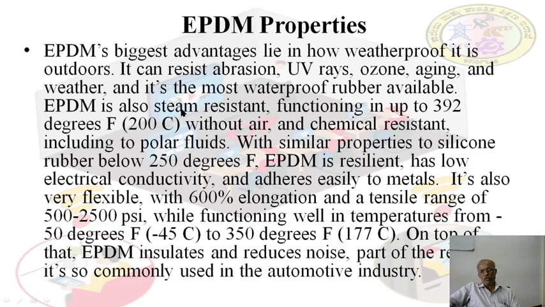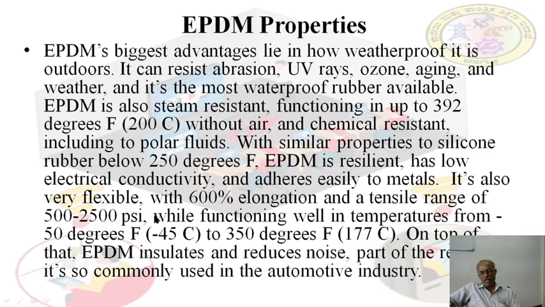EPDM is also steam resistant, functioning up to 392 degrees Fahrenheit, 200 degrees centigrade, with air and chemical resistance, including to polar fluids. With properties similar to silicon rubber below 250 degrees Fahrenheit, EPDM is resilient, has low electrical conductivity and adheres easily to metals.